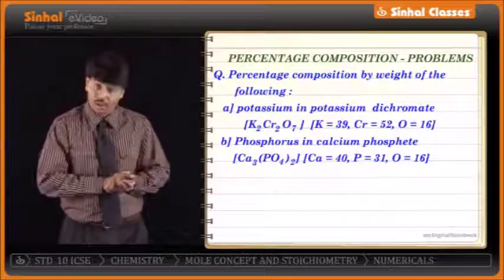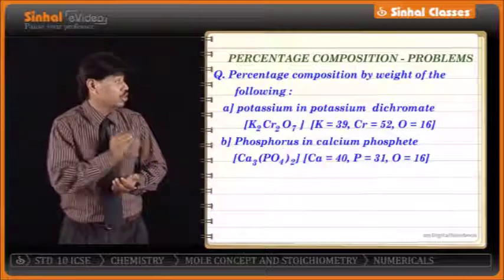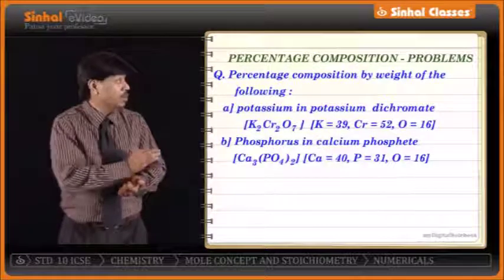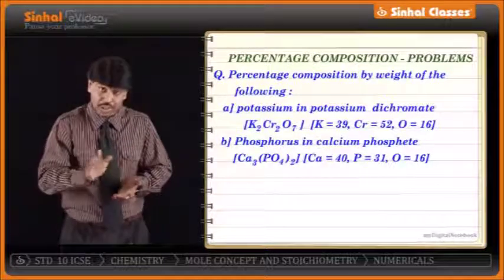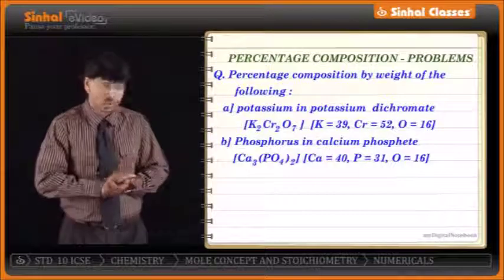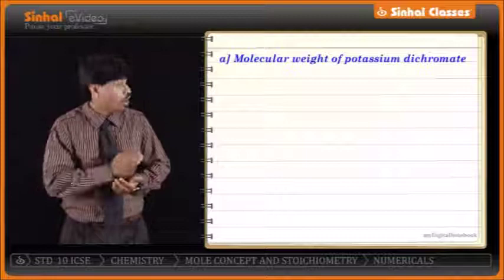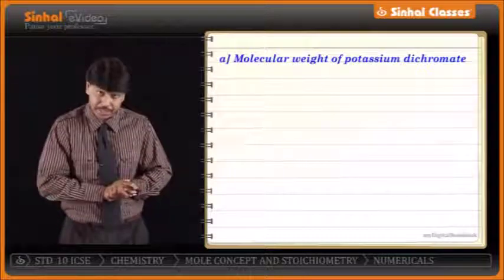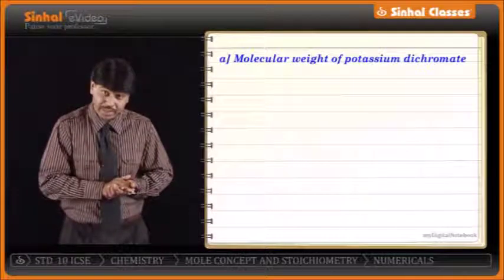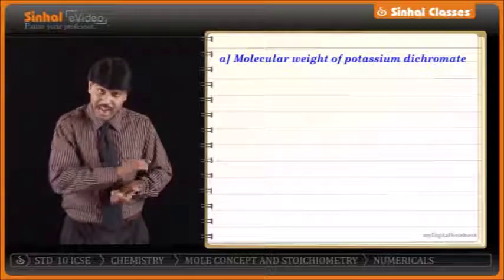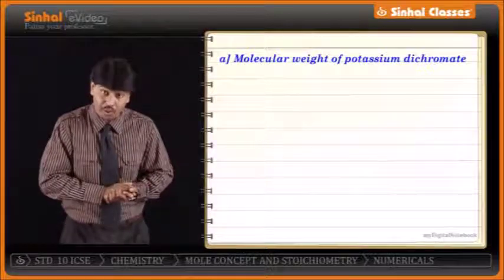We want to find out the percentage of potassium present in potassium dichromate. For that, the first thing you have to do is calculate the gram molecular weight of potassium dichromate. Now how to find out gram molecular weight? Which you already know: add the weights according to the formula.